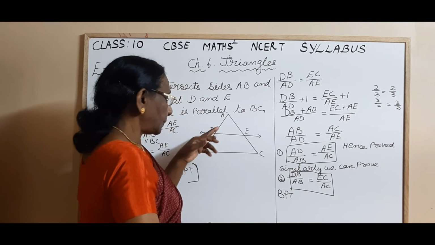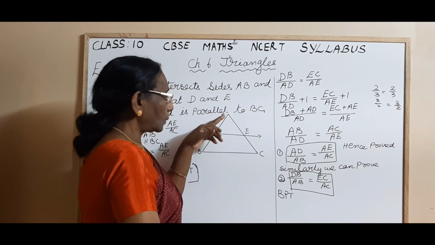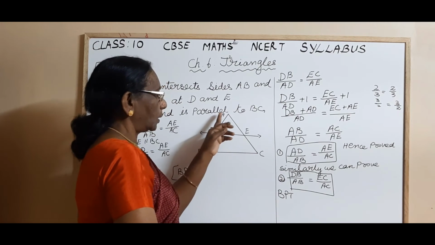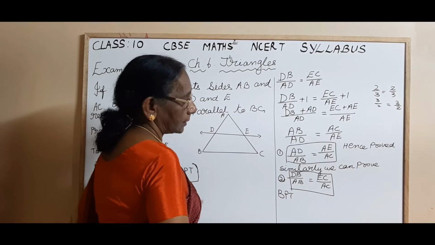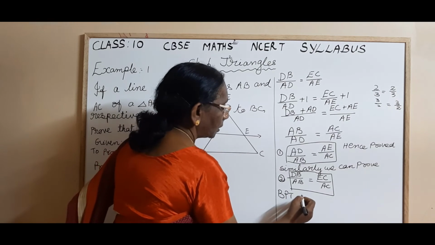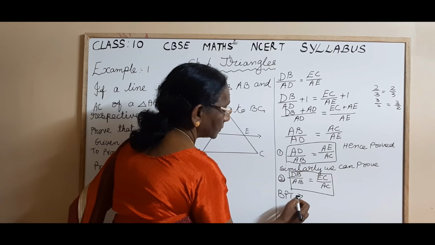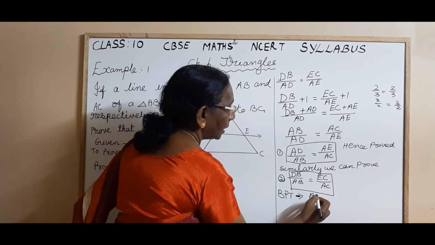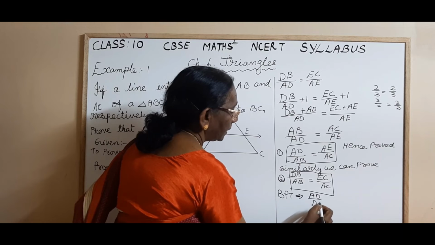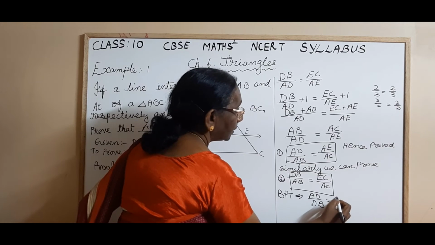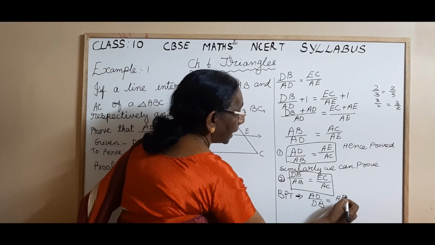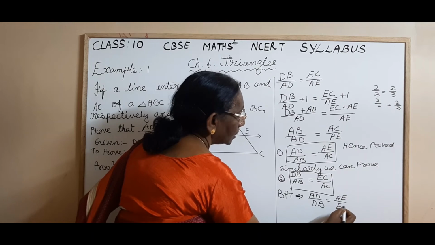If DE is parallel to BC, then AD by DB is equal to AE by EC.